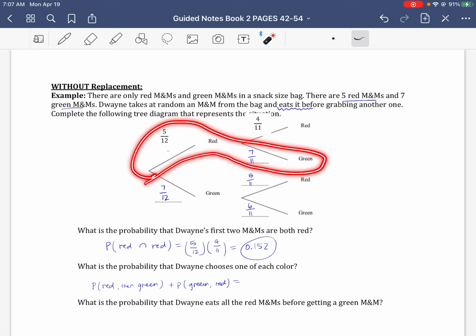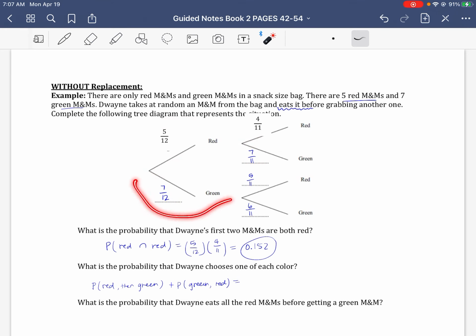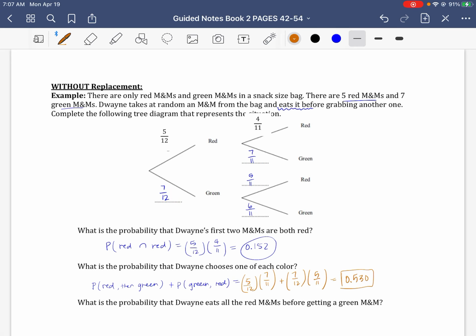So we're going to do those ones multiplied. Or green to red, so then we'll multiply those ones. And then we go ahead and multiply that out. So pretty high likelihood, right, that he gets one of each color.